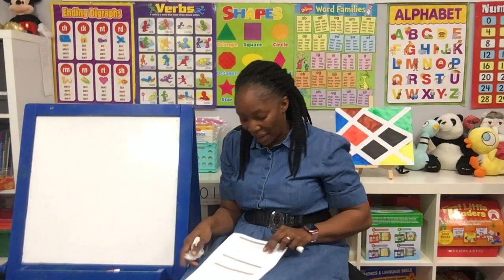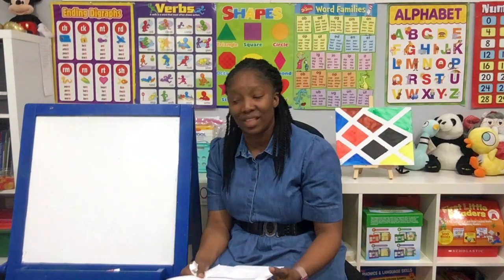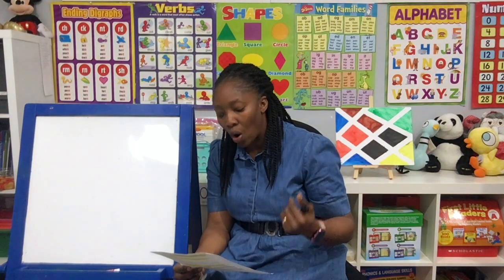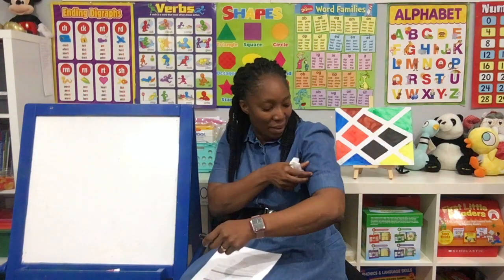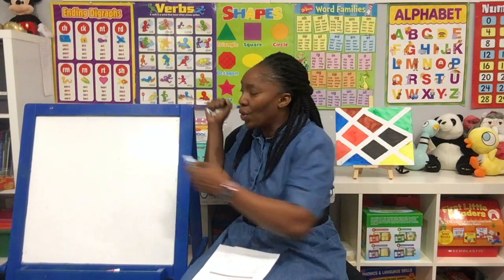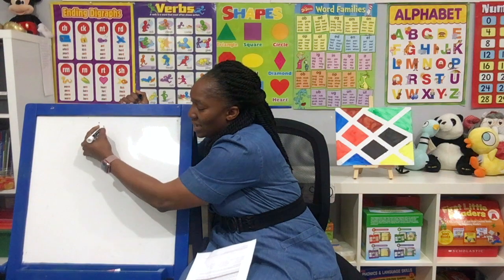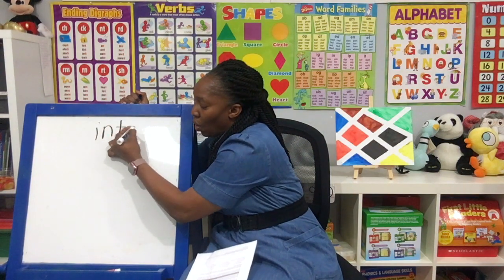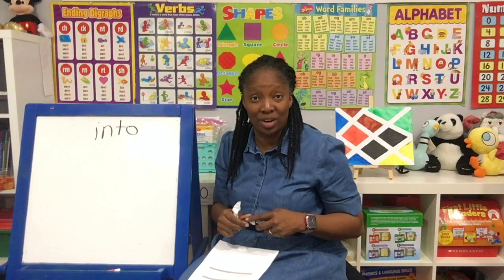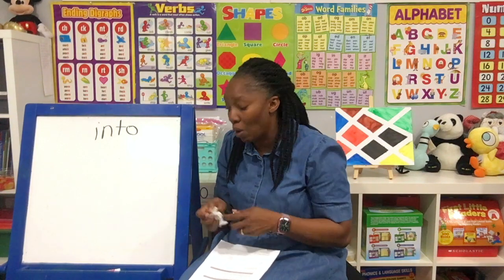So on one of the pages, the animal said, I think it was the aardvark said, I'll grow into all this extra skin. Remember the aardvark had those wrinkles? And it said, I'll grow into all this extra skin. Into is a compound word. It has two smaller words.